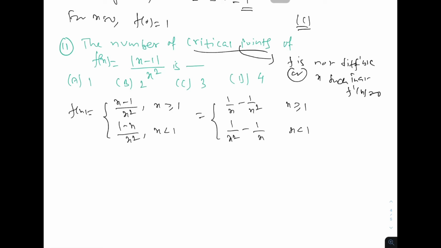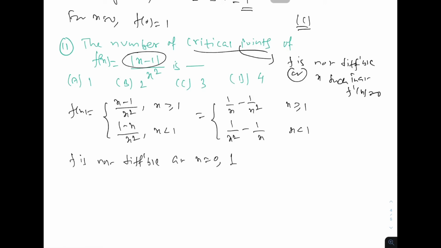Now very clearly see that the function is not differentiable at x equal to 0, and because of the modulus, the function is not differentiable at x equal to 1 also. So f is not differentiable at x equal to 0 and x equal to 1.